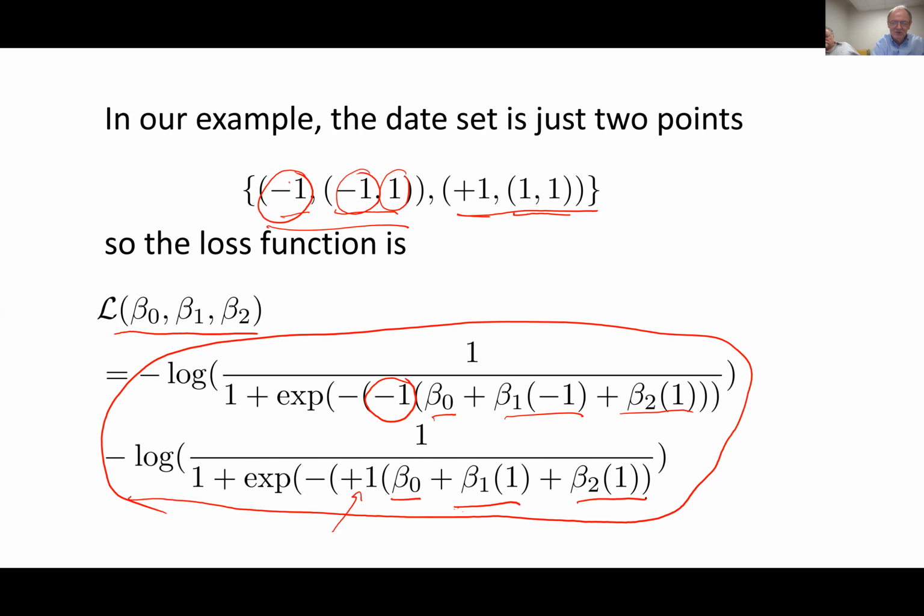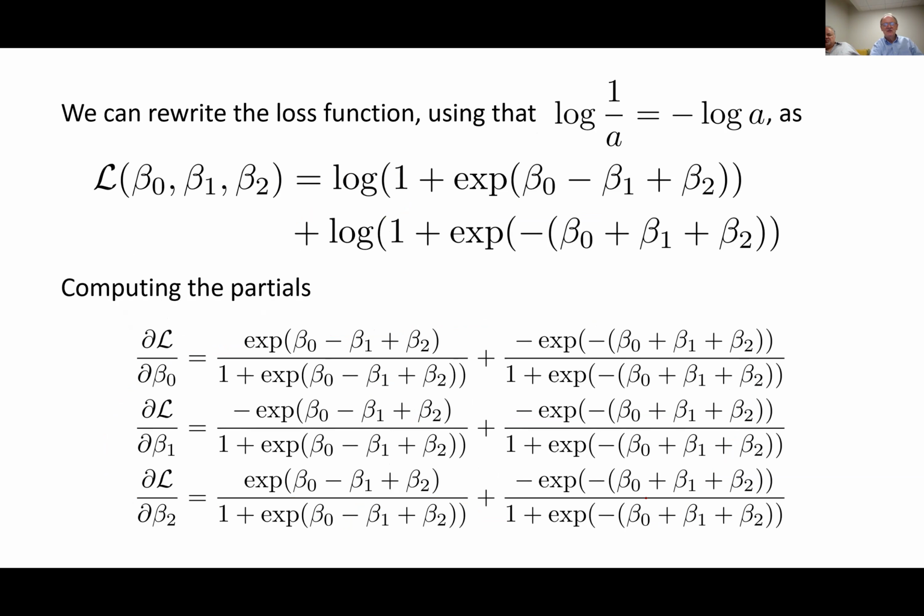And so what are we trying to do? We're trying to minimize this. We're trying to find beta 0, beta 1, and beta 2 that minimize this. That means we're trying to find where the gradient is 0, where the partial derivatives are 0.